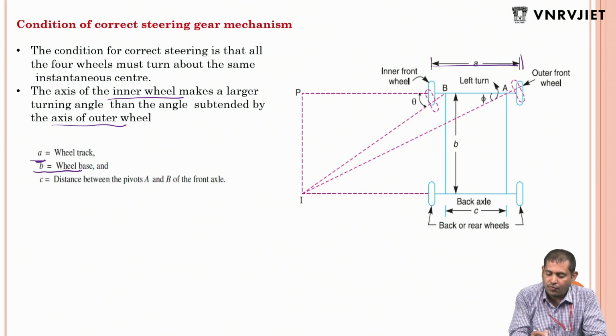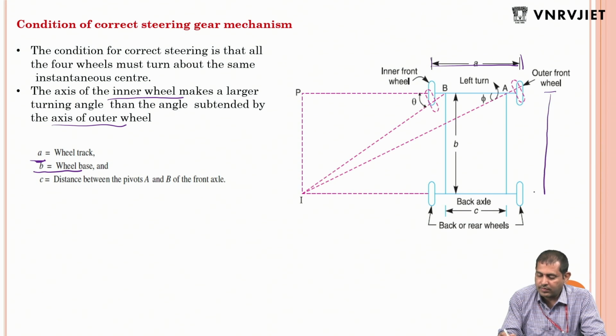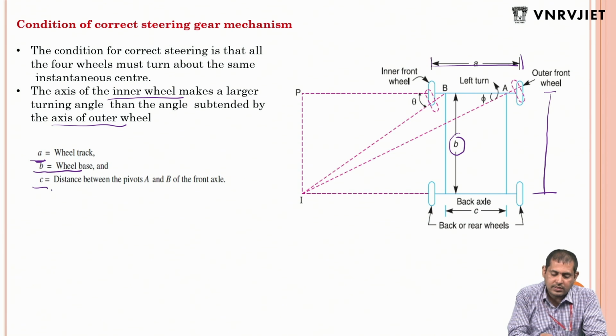B is the wheelbase, the distance between the two axles. Here it is mentioned. C is the distance between the pivots A and B of the front axle. A and B, this distance is mentioned as C.